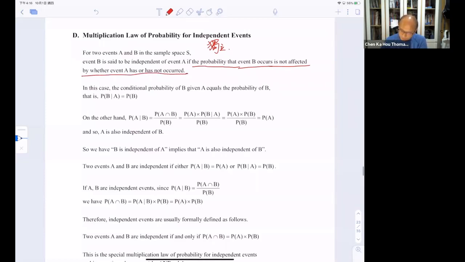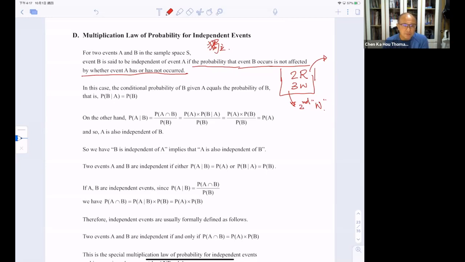Put it simply, if there is a box with 2 red balls and 3 white balls, and you take one ball from the box, and then it asks the probability that the second ball you take is a white ball, but given that the first ball you take, you put it back before you take the second one.